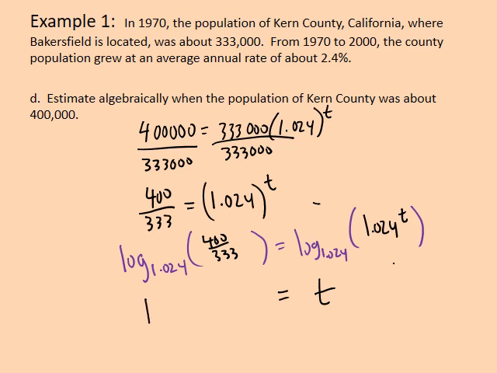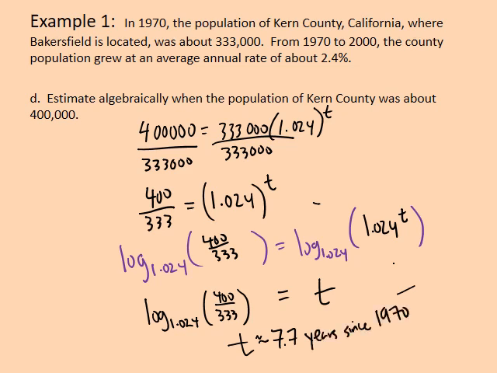And on the right side, we're left with log base 1.024 of 400 divided by 333. When we put that into our calculator, we get 7 and 7/10 years since 1970, which, as we know, is towards the end of 1977.